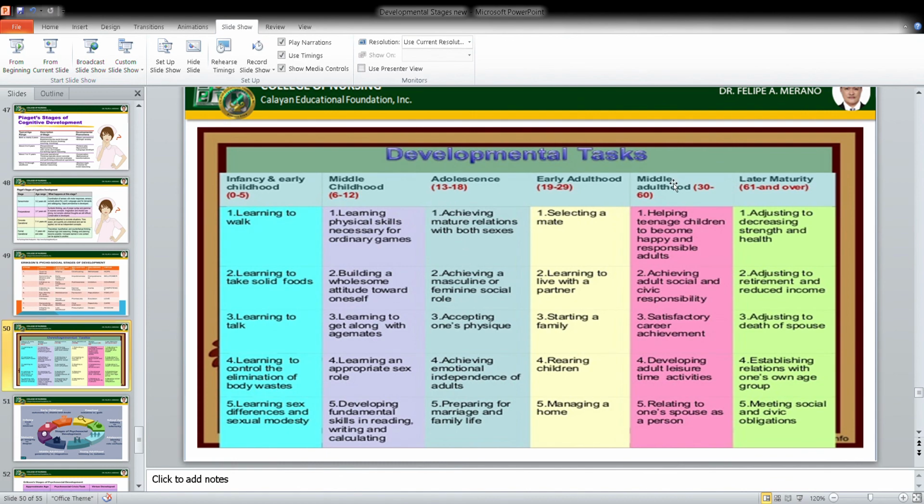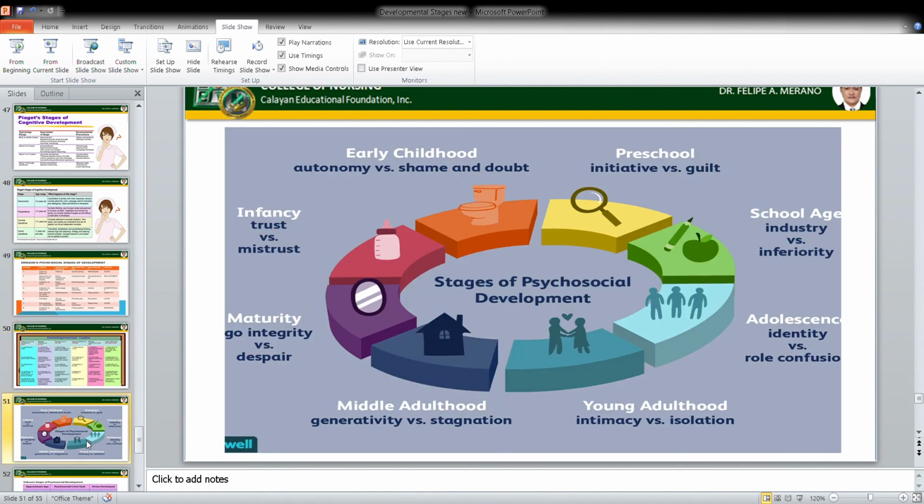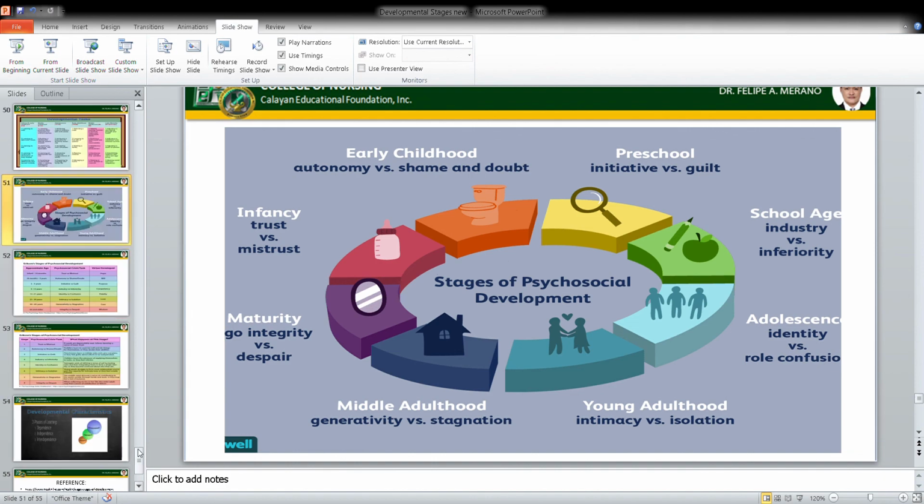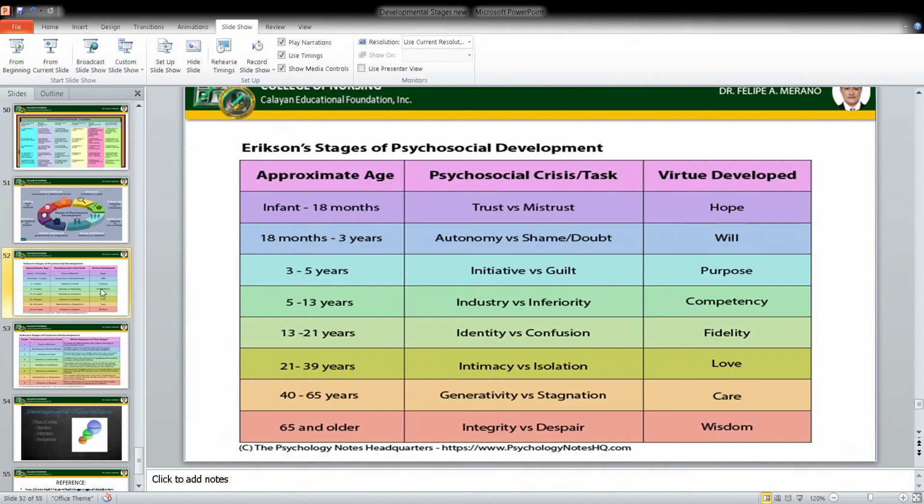So developmental tasks, you need to read that. Some of them will be taken in your prelim exam. Then this is the stages of psychosocial development. And here is Erikson's stage of psychosocial development, just repeated.